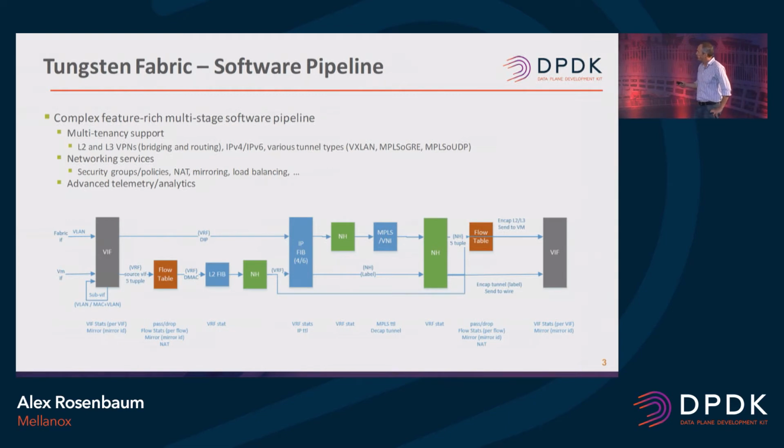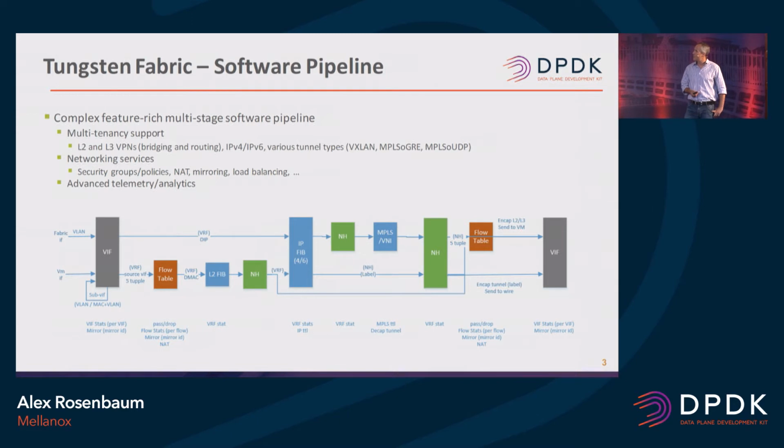It can do different bridging or routing, and support various tunnels. Coming from the telco, MPLS over GRE and MPLS over UDP are less standard and not part of OVS, at least today. So it has some different protocols it's based on.